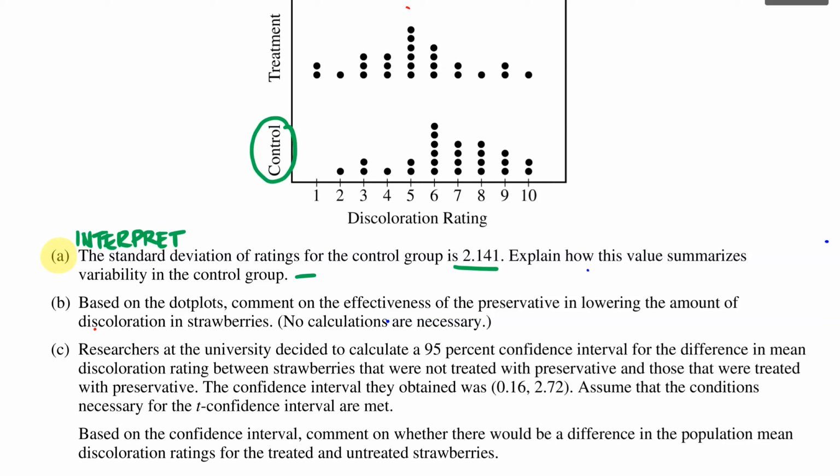And it says something like the typical distance between, and then we need to talk about what our actual observations are. In this case, it's ratings. If you want to be even classier, you could say discoloration ratings.